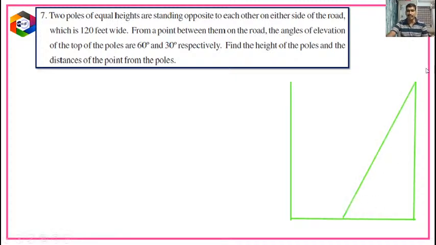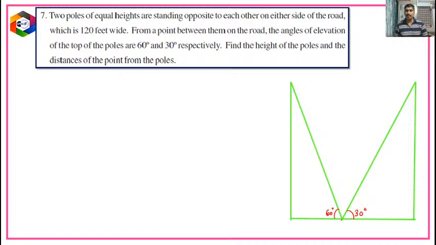From here he observed this top, the angle of elevation, let us assume this is 30, and from here he observed that the angle of elevation is 60. You can take 30 anywhere and 60 anywhere, that is no problem.